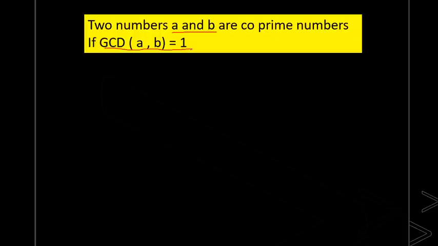How can I find it? Let me give you an example here. Say A is equal to 16 and B is equal to 27. Individually, 16 is a composite number and 27 is a composite number, right? But there is no number that can divide both 16 and 27 except 1. So what is the GCD of 16 and 27?